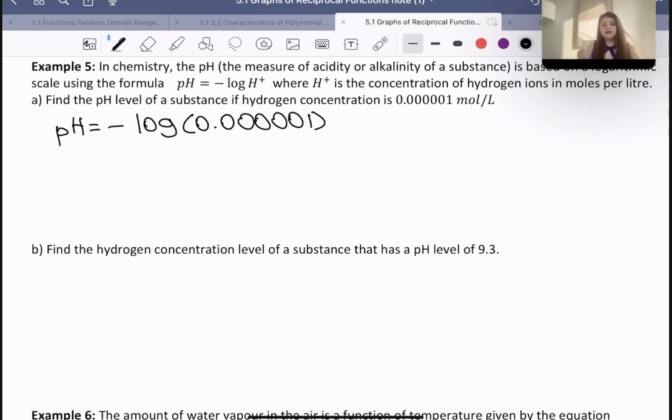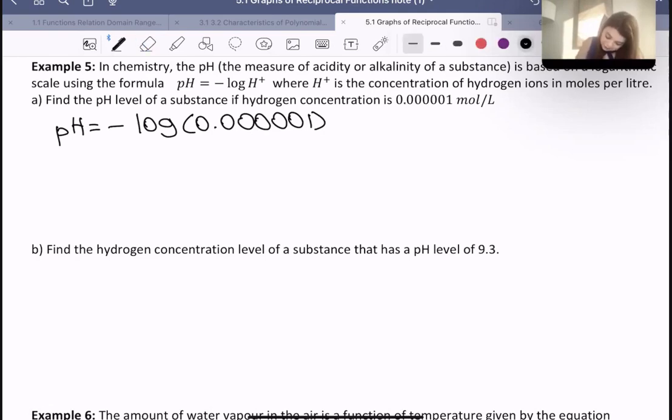Well, 10 to the power of what is going to give us 0.000001? Well, we'd have to move this decimal point over 1, 2, 3, 4, 5, 6, 7 places, right? In order to get back to 10, right? So that's a lot of places, 10 places. 1, 2, 3, or sorry, 7. I think, why did I say 10? I meant 7, I think.